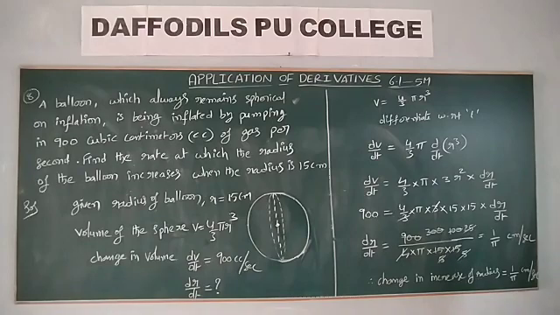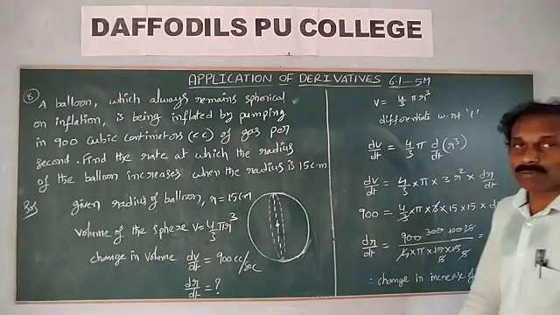Change means how much change in radius: 1 by pi centimeter per second.